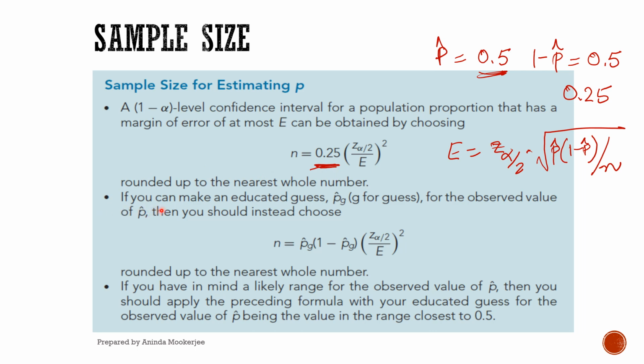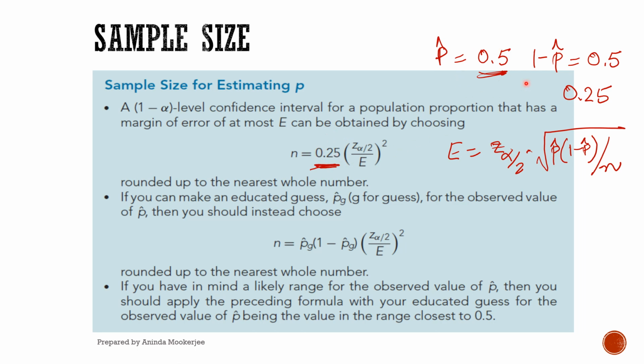Now, if you can make an educated guess as to what the observed value of p hat is going to be, then we can use that guesstimated value. But most of the time we will be using an unguessed value.